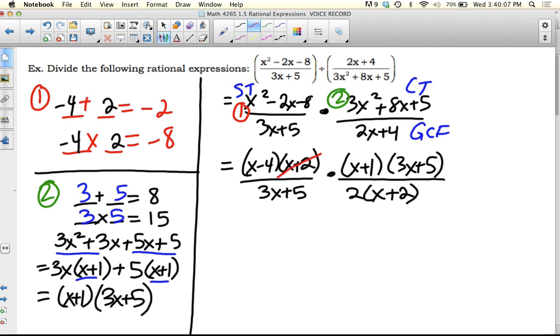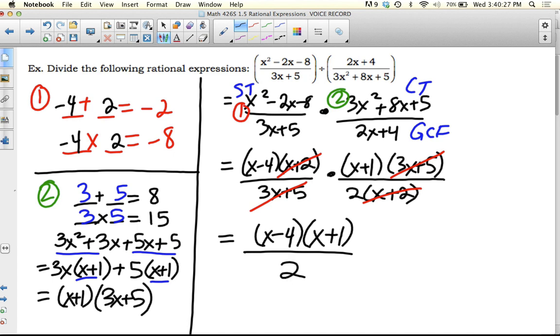So x plus 2 goes, and 3x plus 5, 3x plus 5. And that's all there is. So what's left over? x minus 4, x plus 1 over 2. And that's it. That's your final answer.